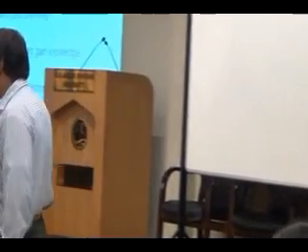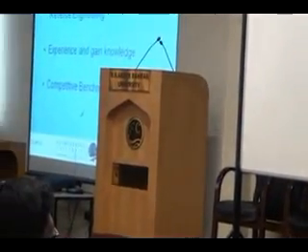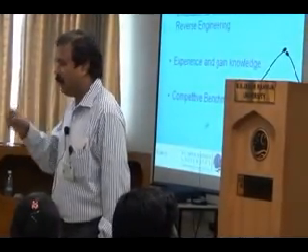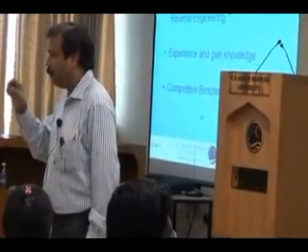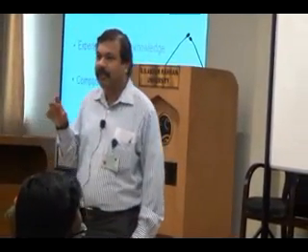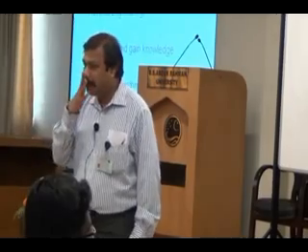Then comes the question of how this does that particular job. What is the role of a particular product, a particular component, or a particular sub-assembly? Then comes the issue of how it does the job.